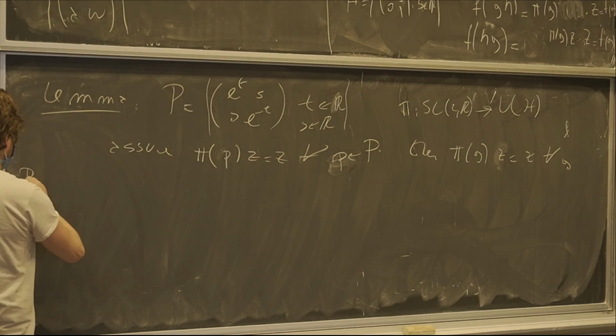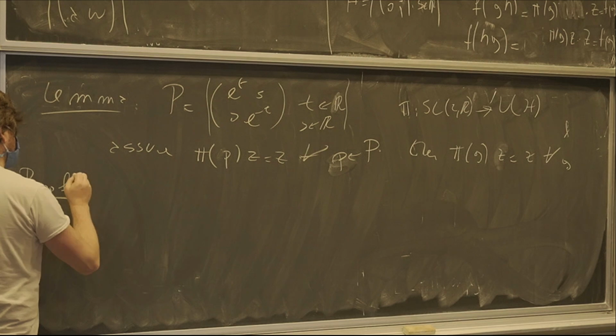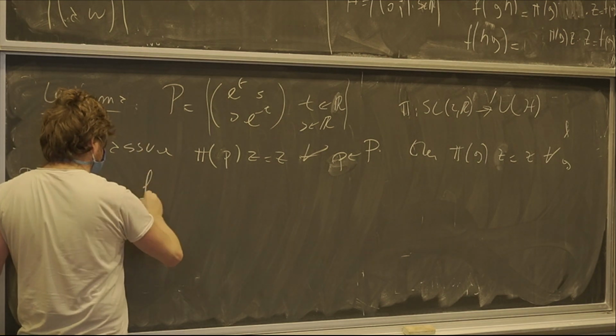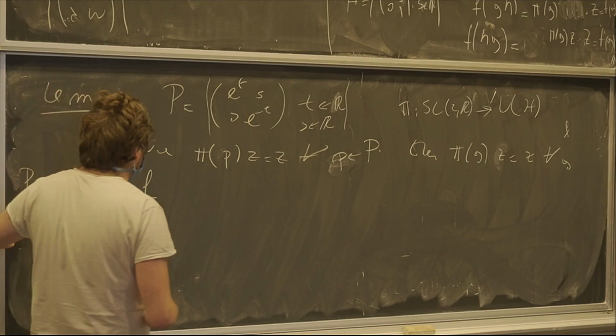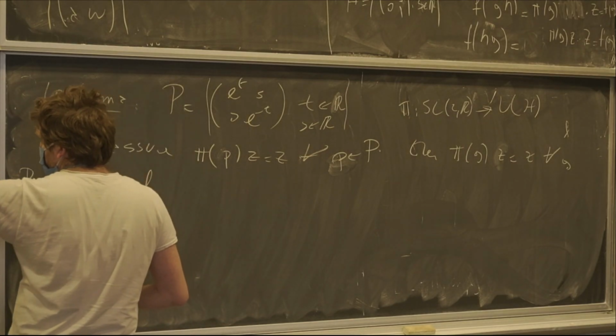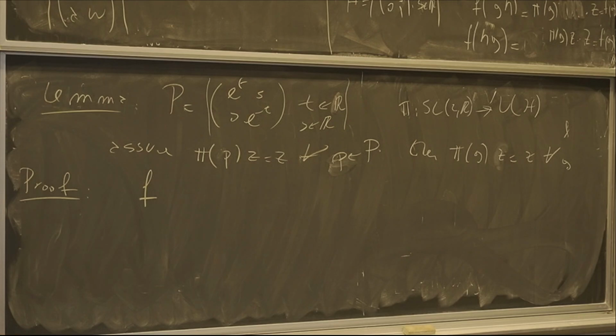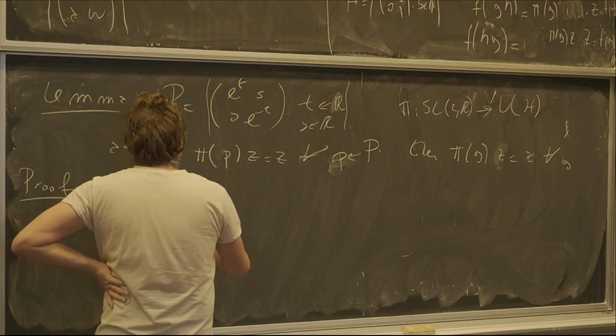So the proof essentially continues with the same f as before, and the bottom line will be the same as before. Once it is constant, it's pi of c equals z.